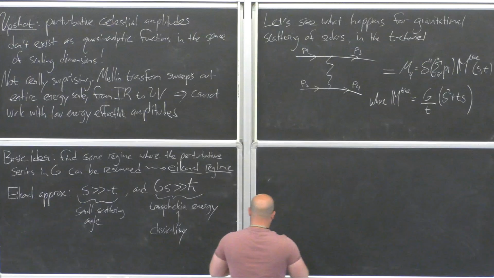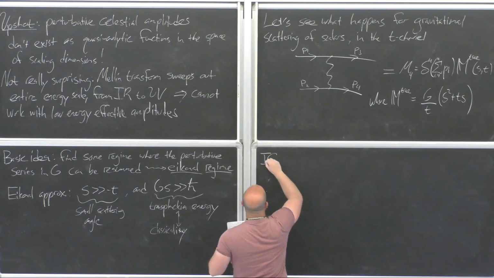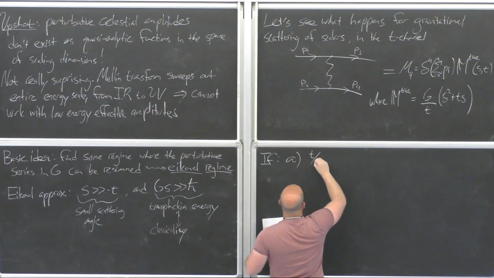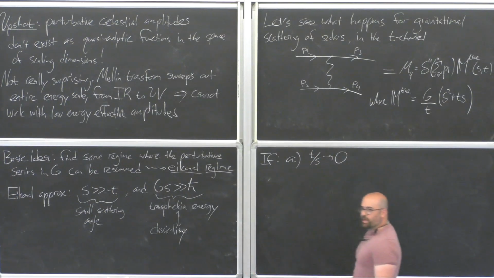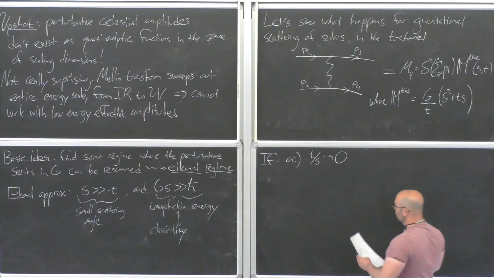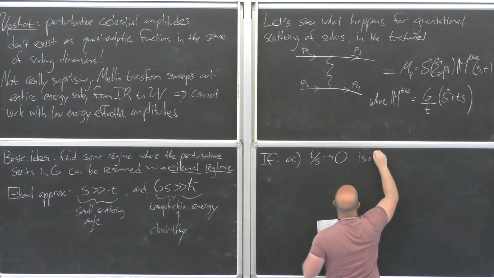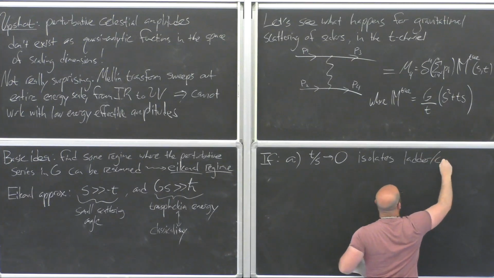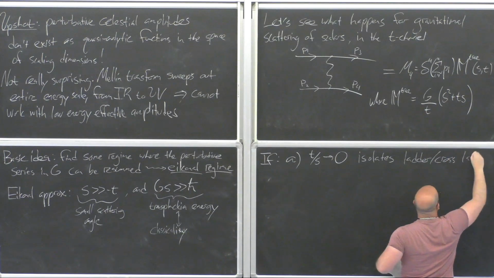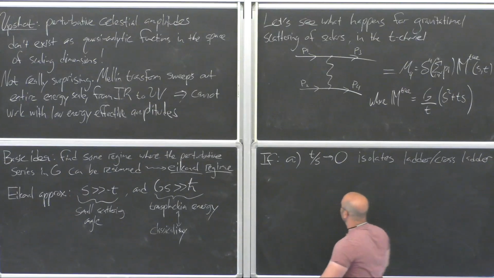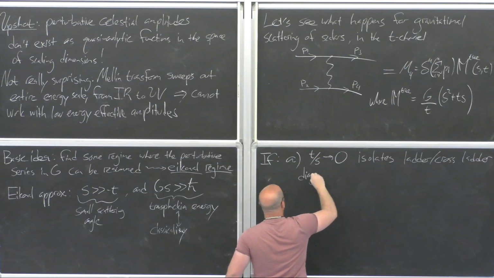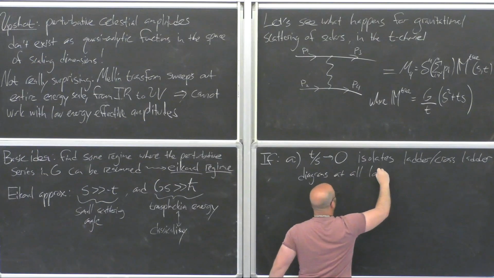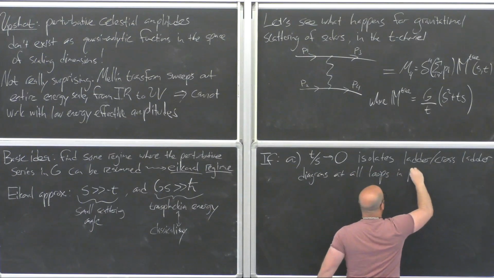So if, first of all, the small scattering angle regime isolates ladder and cross-ladder diagrams at all loops in perturbation theory.